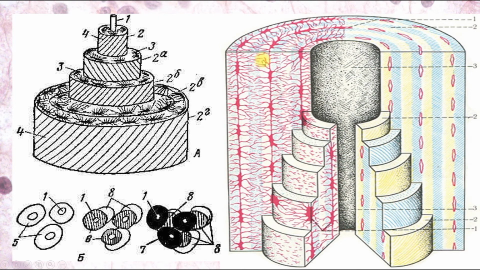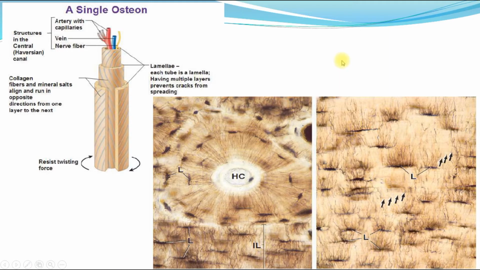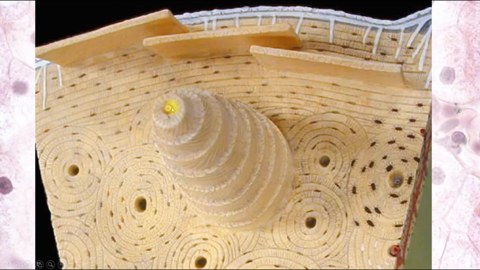So bony trabecula haven't this canal, and osteons have a canal inside. This canal is surrounded with lamella with different direction of the collagen fibers. Here we can see the canal and bony lamella which surround it, and the number of these lamella may be different.